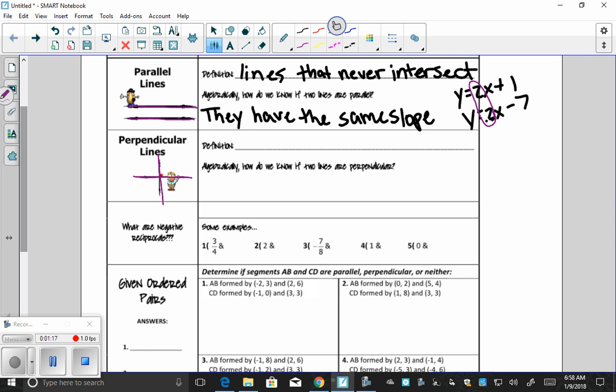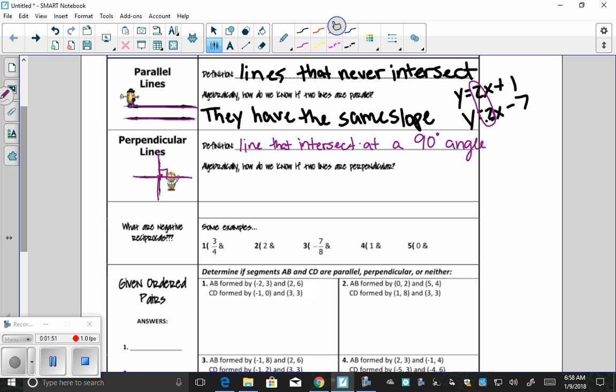And the definition of a perpendicular line is a line that intersects at a 90-degree angle. So when they intersect, it creates the little box.